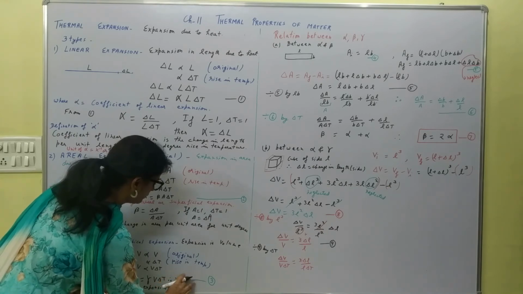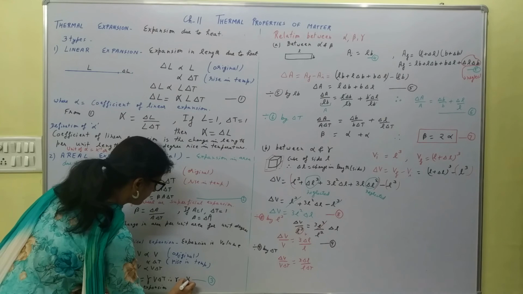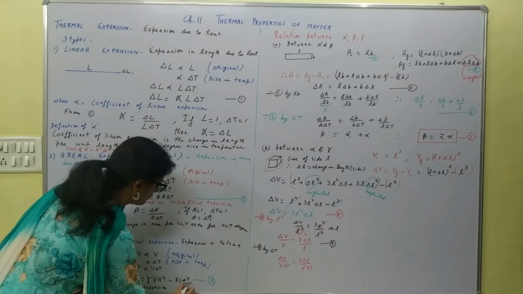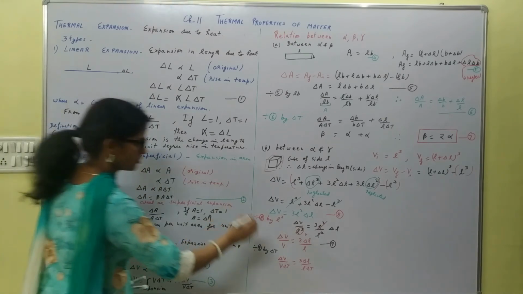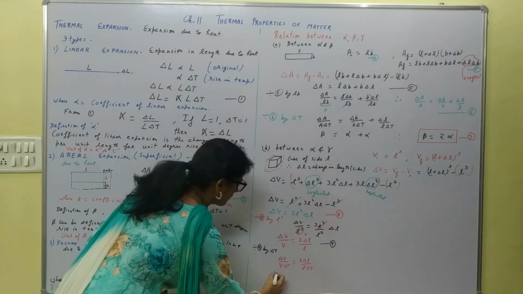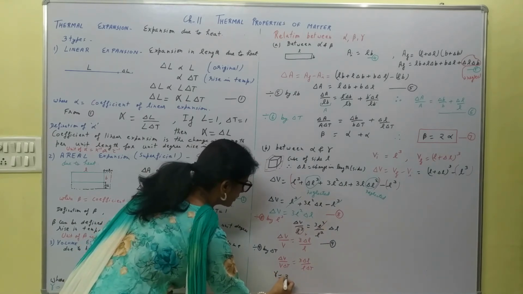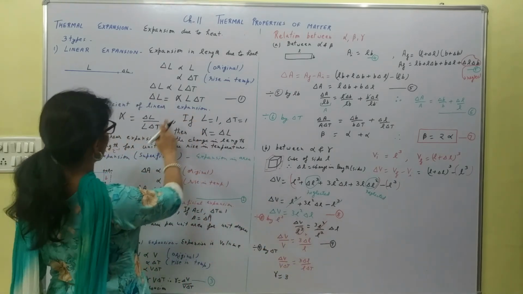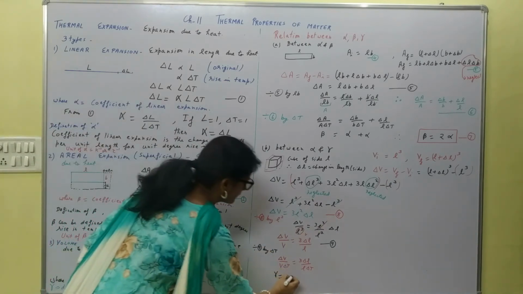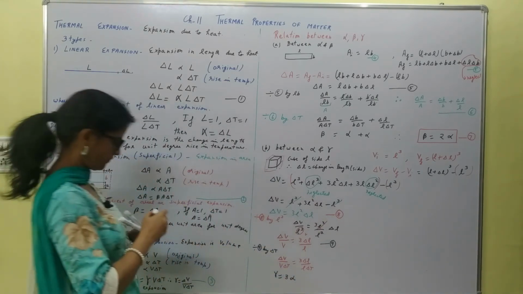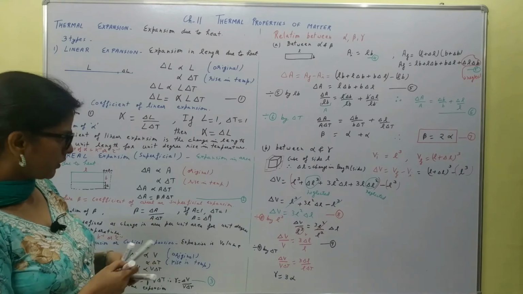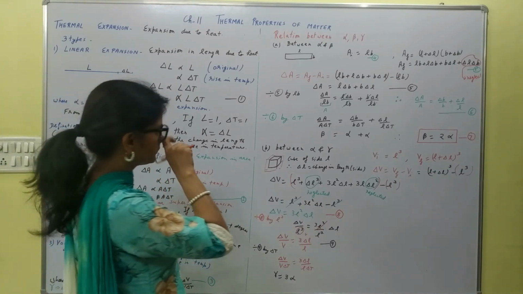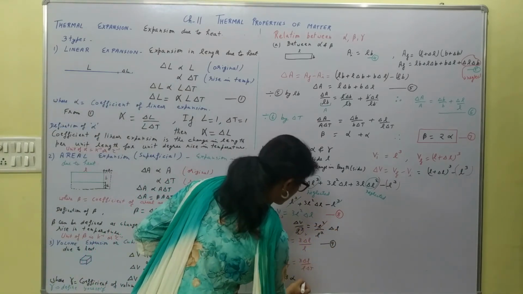Change in volume upon original volume into delta T. So this I can write gamma is equal to 3 change in length upon original length into delta T. This is alpha. So I have got another equation. This is equation 10.